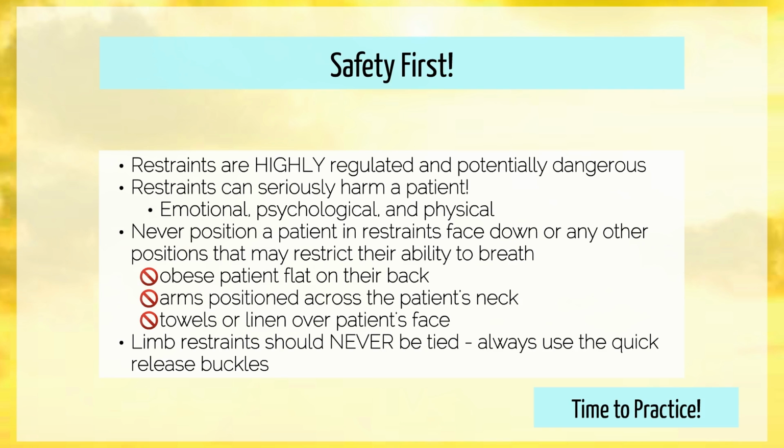This includes morbidly obese patients laying flat on their back. Those patients can't lay flat on their back because the weight of their own chest can restrict their ability to breathe. Never position a patient's arms across their neck and restrain them that way. That could potentially cause patients to not be able to breathe well. Don't put towels or linens over a patient's face.